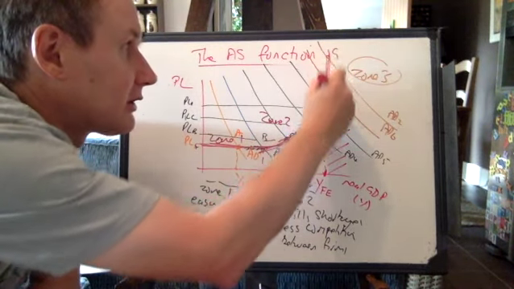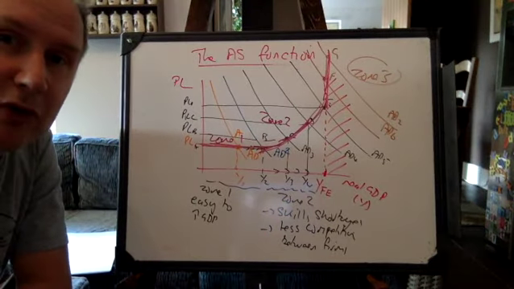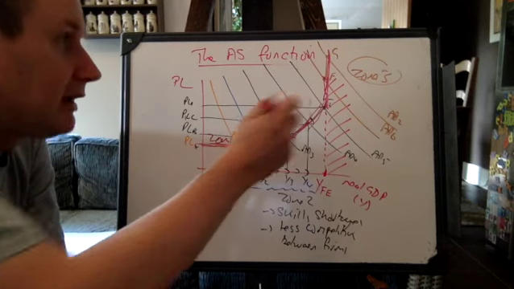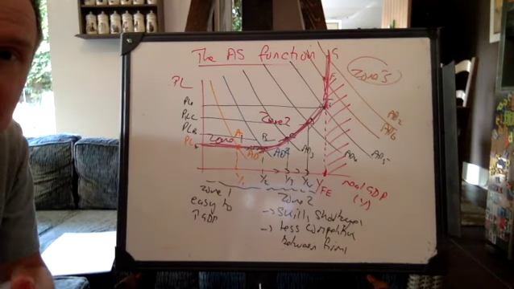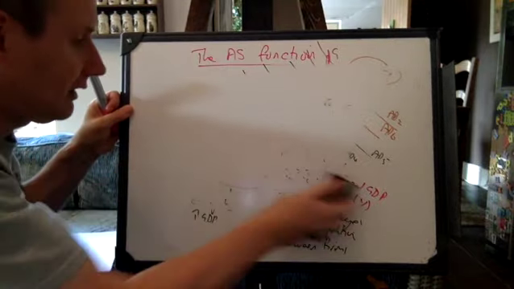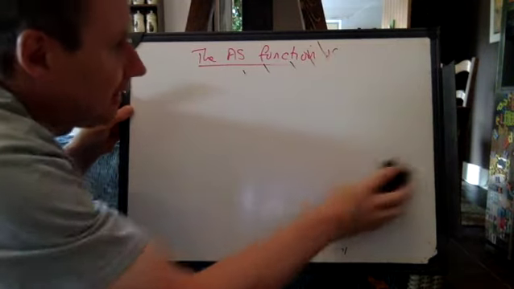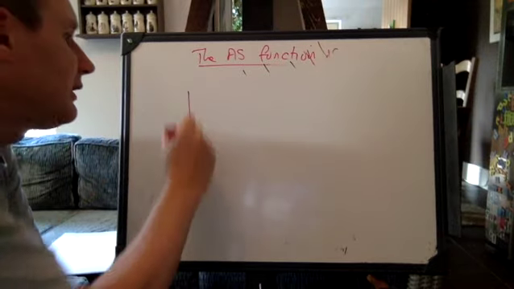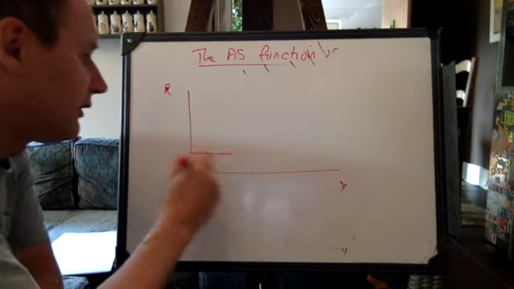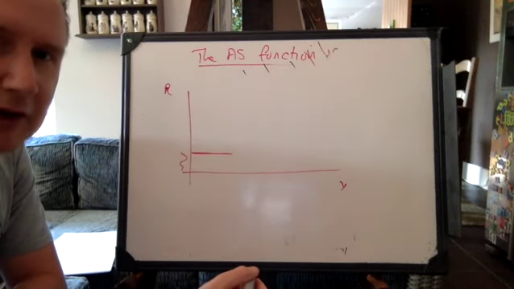And finally, in zone 3, we've hit full employment, and it's impossible for output to increase any further. Then any increase in aggregate demand is purely inflationary, and that therefore gives you your classic AS shape, whereby there is an area where, obviously, there is a level below which prices are unlikely to fall.